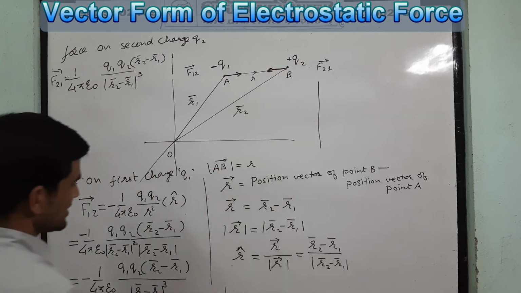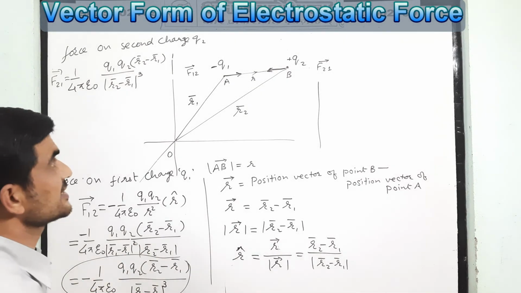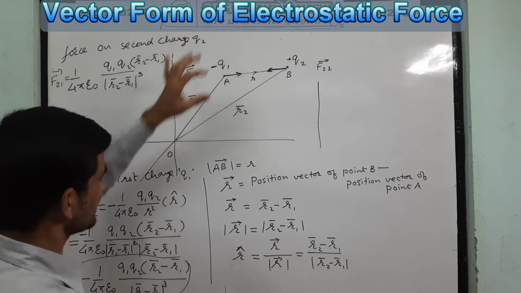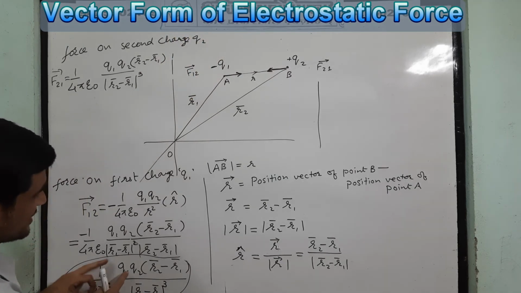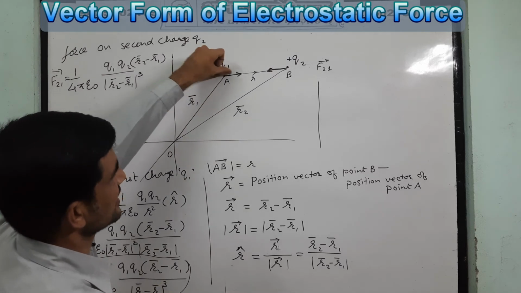So this is a generalized formula. When you use this formula, automatically you will get this. Now you have to put the q1 with a minus sign. So when you put q1 with a negative sign, minus minus automatically becomes plus, and automatically the direction will be corrected.